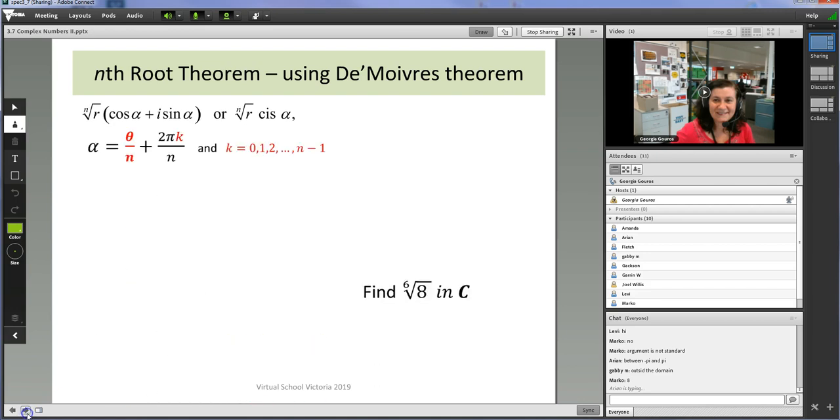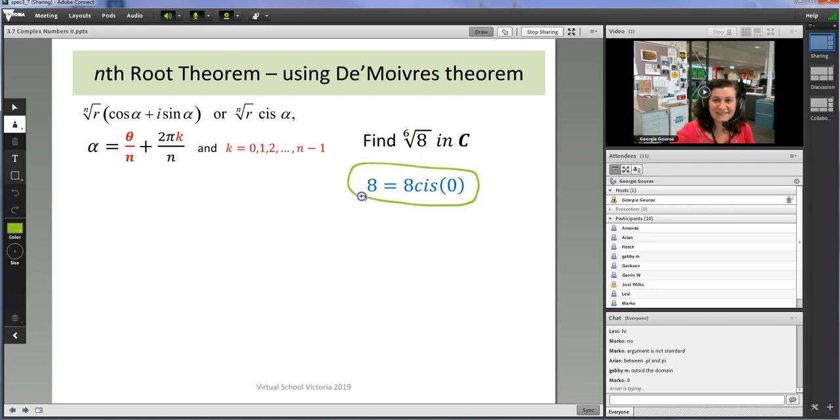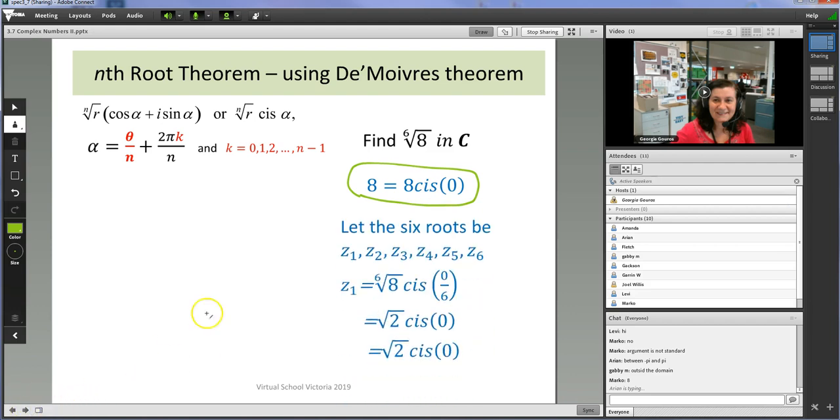Okay, so we've just done that one. So 8 can be expressed as 8 cis of 0. So we know that if we're going to find the 6th roots, we're going to have 6 roots evenly distributed around the Argand plane, and we can give them a name when we're showing our working out.